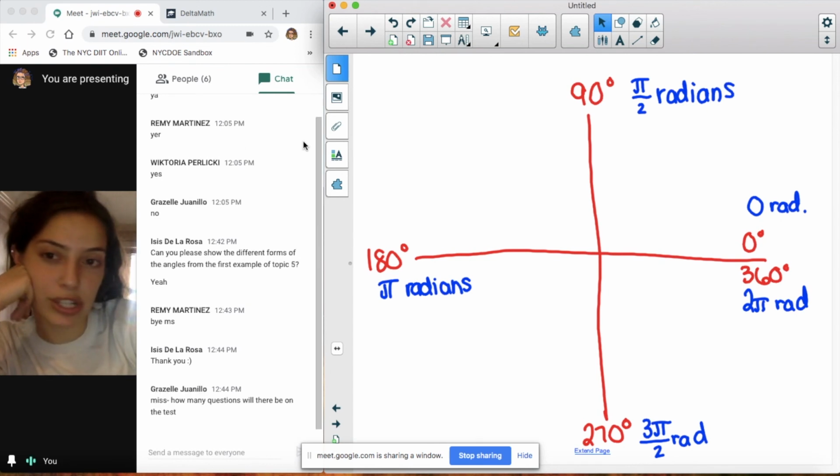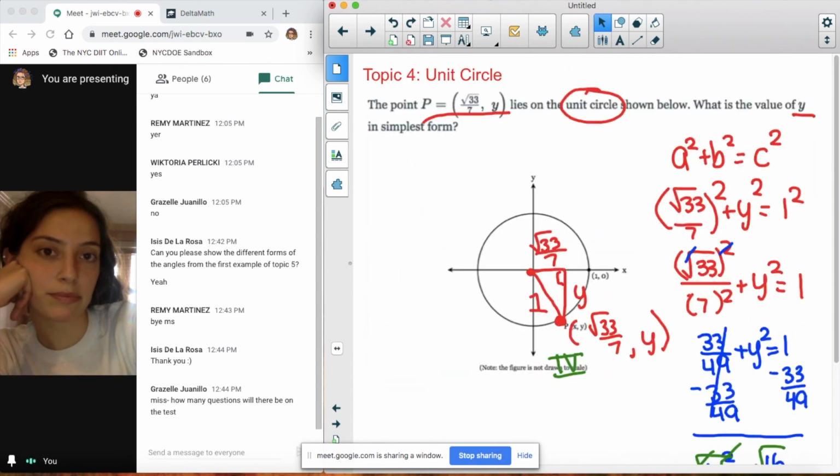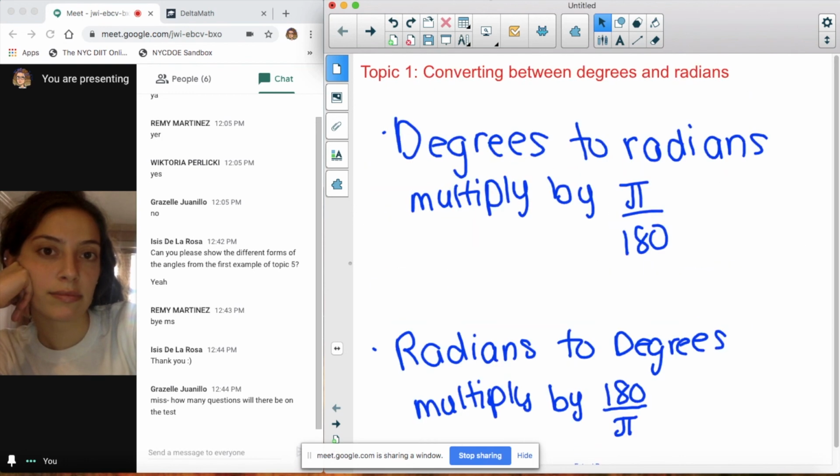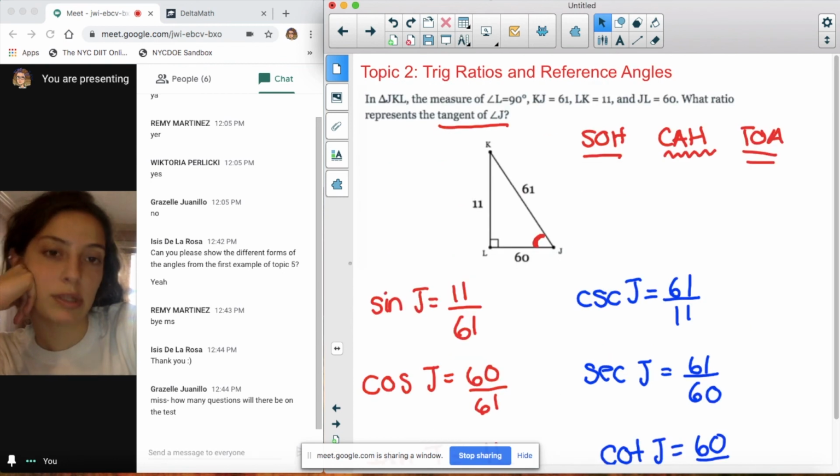You can unmute yourself or type it in the chat. Can you go through all the questions you did? Not like go through them, like can I just see it so I can see what the questions you did, because I came late? Yeah. I'll scroll back. So we did converting between degrees and radians. We did trig ratios.